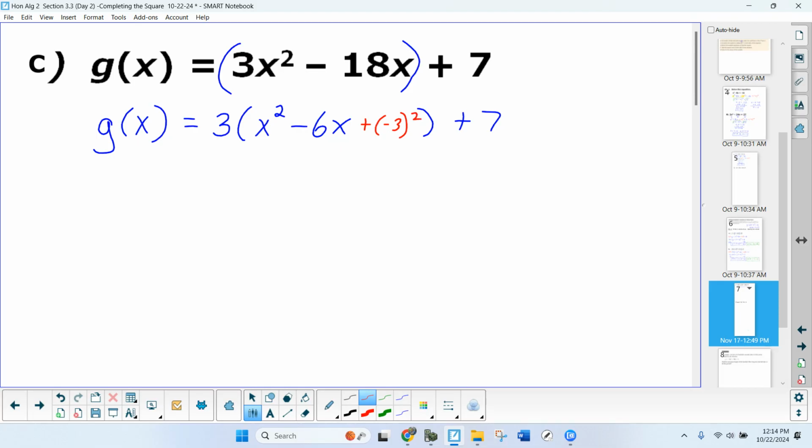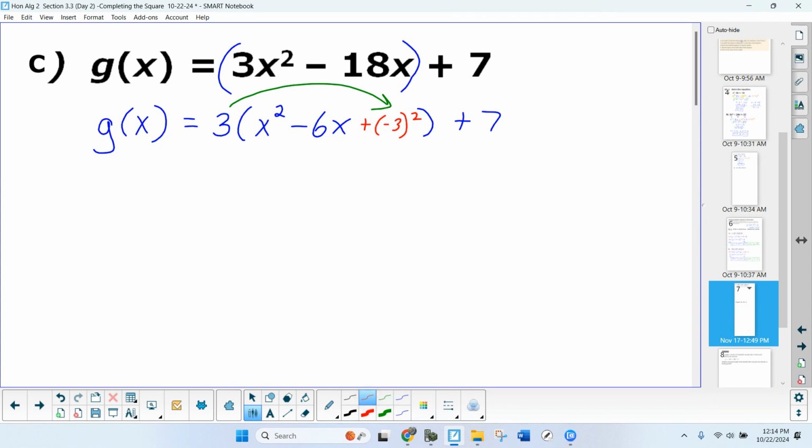However, you are not going to just add negative 3 squared to the other side, because what did you really add over here? Well, we added negative 3 squared, which is what? But you really added 3 times 9, which is what? So do you guys see how you really added 27 over here?